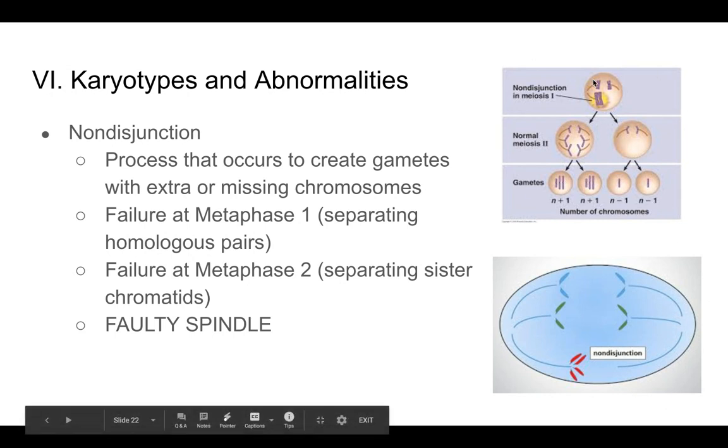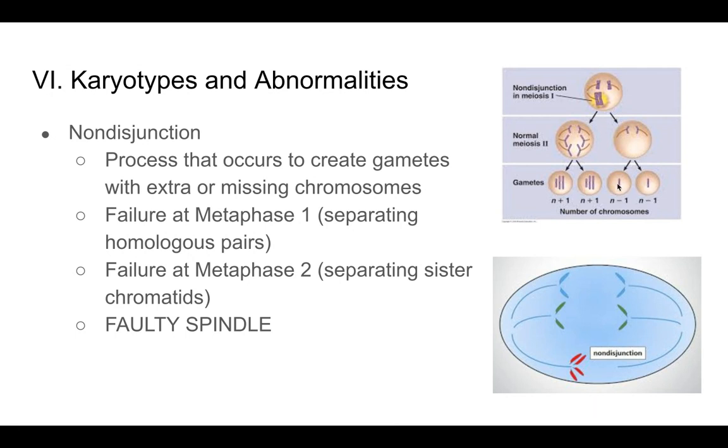And you can see over here what we get as end results when we don't separate everything correctly. Like up here, this is an issue with metaphase 1. This pair of homologous chromosomes are doing the right thing, and they're each going to go their separate ways. But this pair of homologous chromosomes, the spindle is pulling both of them back to this side.